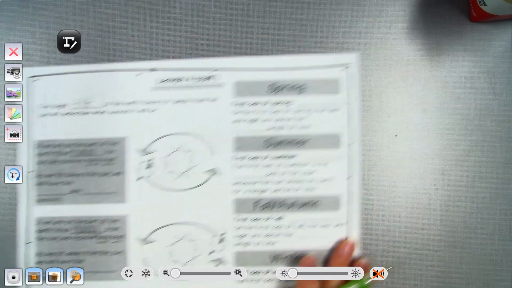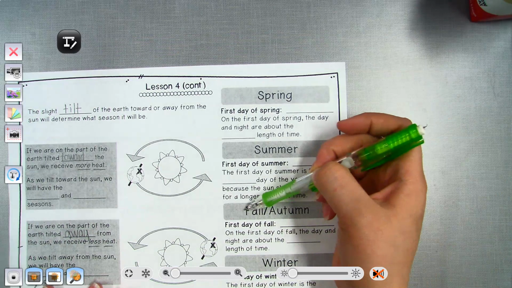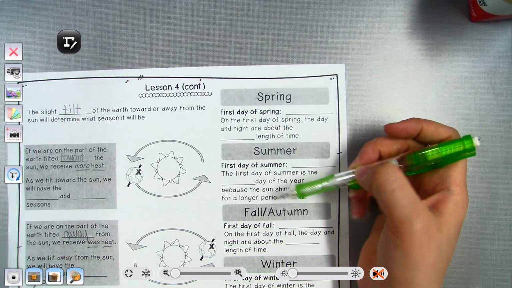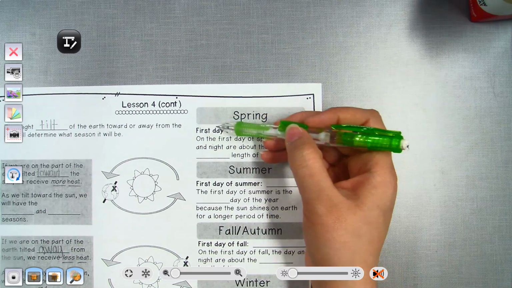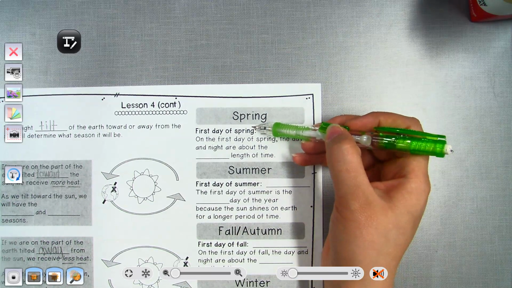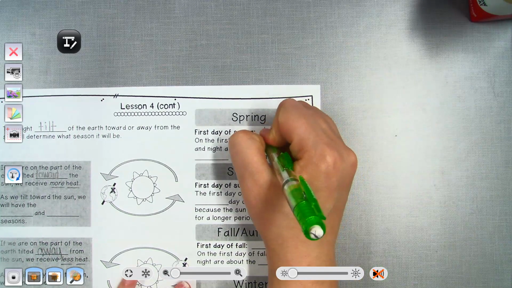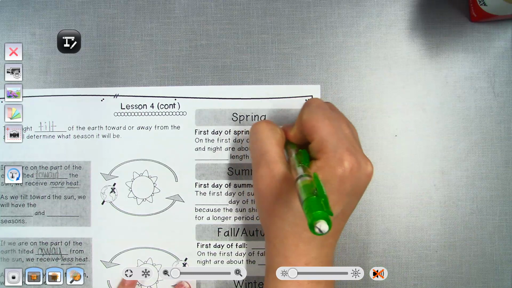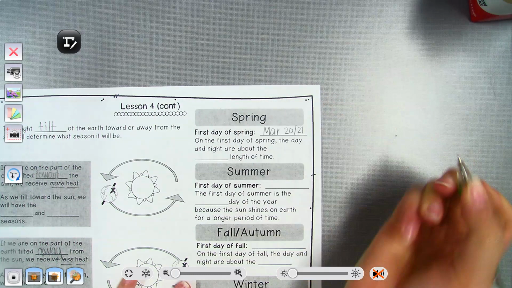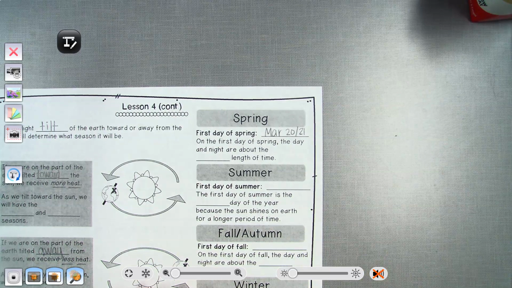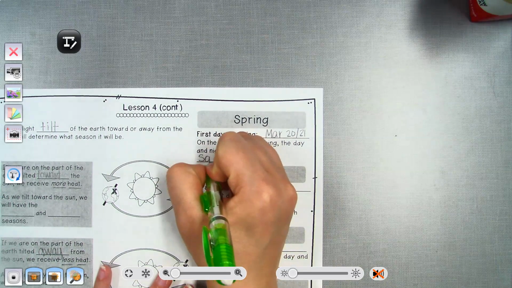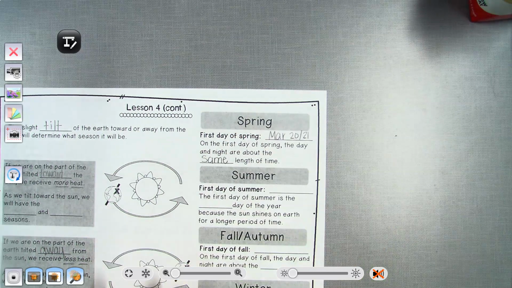So now let's talk about spring, summer, fall, or autumn, either word, and winter. The first day of spring, so let's remember what the book said. The first day of spring is March 20th or 21st. On the first day of spring, the day and night are about the same length of time. I did not know that.